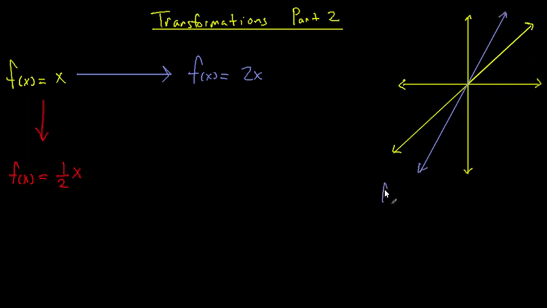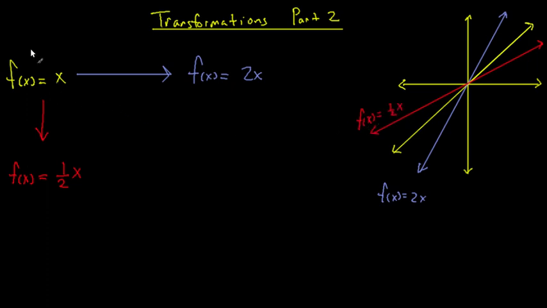And we have f of x equals 2x. And go back, and this one would be less steep. Okay, as you can see, let me label it too while I'm at it.